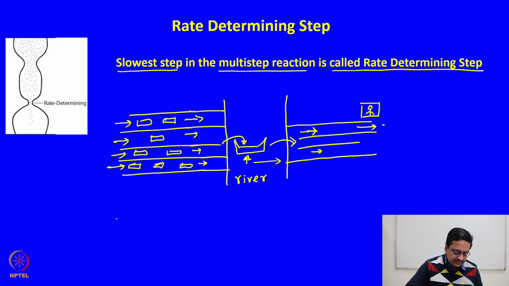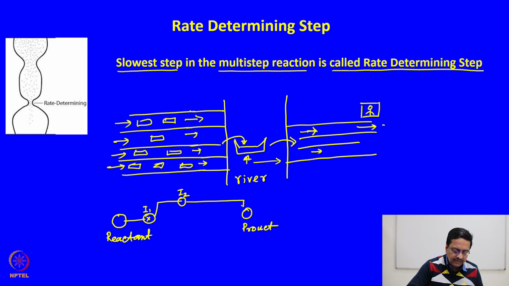So, similarly, suppose you start with a reactant and you have to reach a product. In that path you have some intermediate I1, and then the reaction can follow a path through an intermediate I2 and it goes to the product.